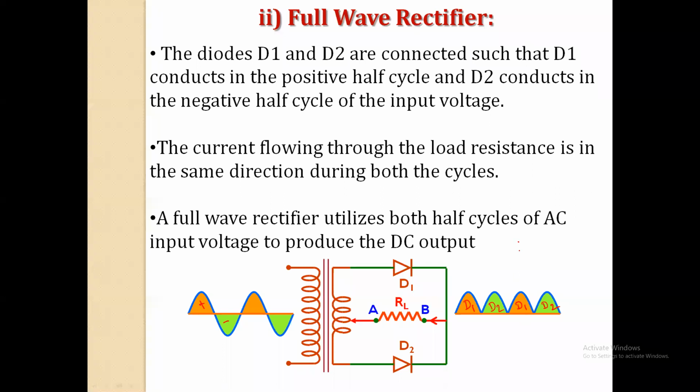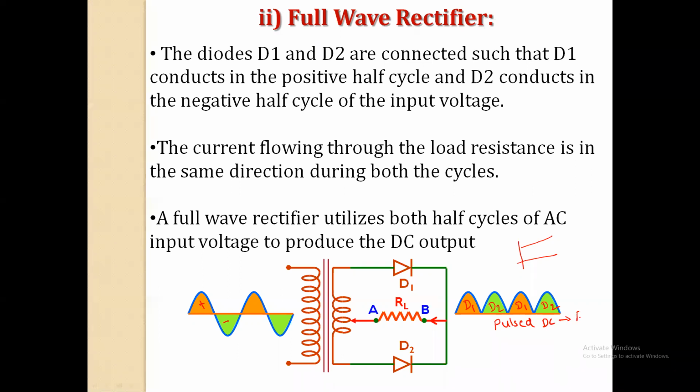If we have a pure DC signal, then the waveform should be like this. But if you observe this diagram, you can easily say that this is not a pure DC signal, and this signal we call a pulsed DC signal. It's a pulsed DC. Means what?